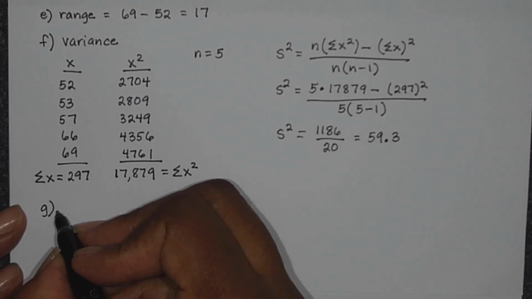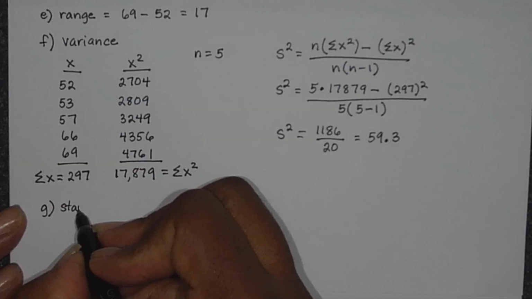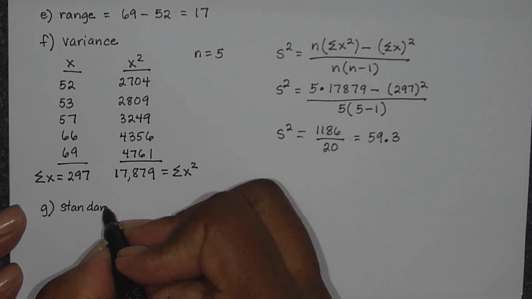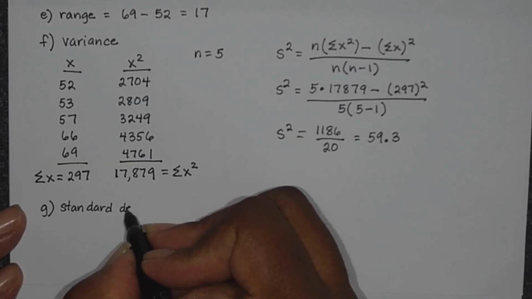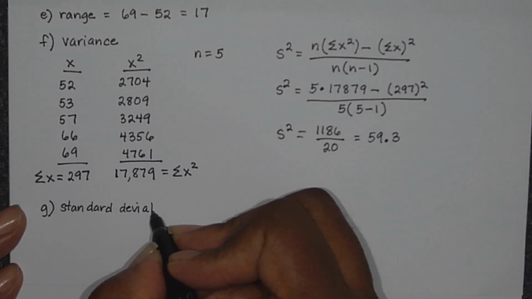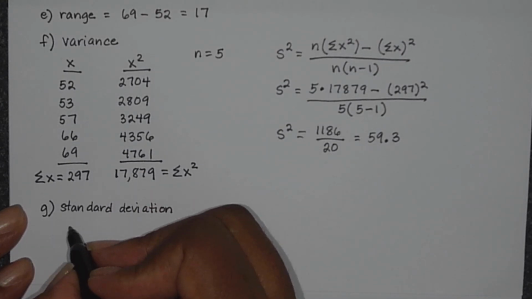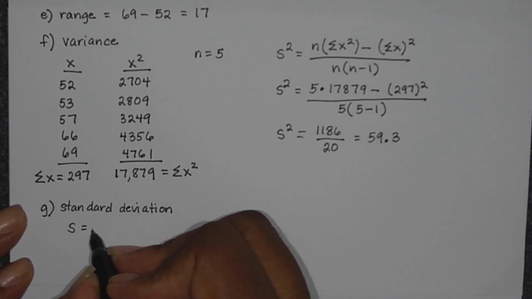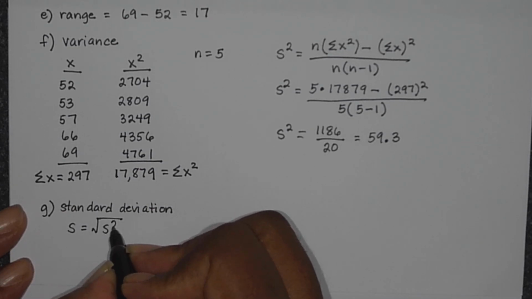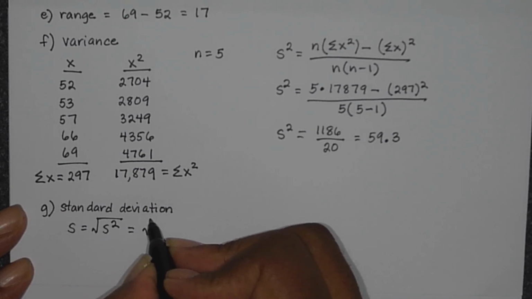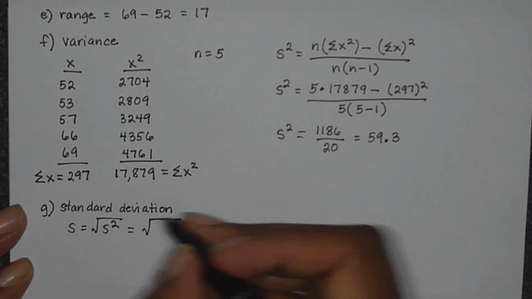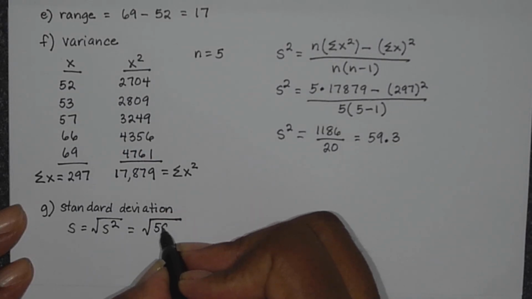Now part G is finding the standard deviation. To find the standard deviation, you just take the square root of the variance, which is s squared. And s squared was 59.3.